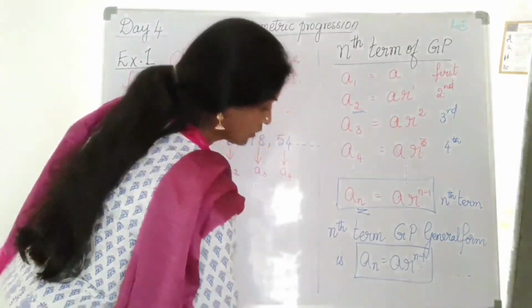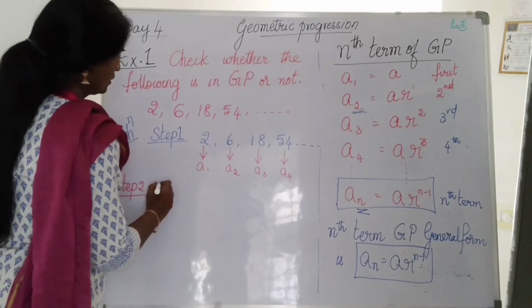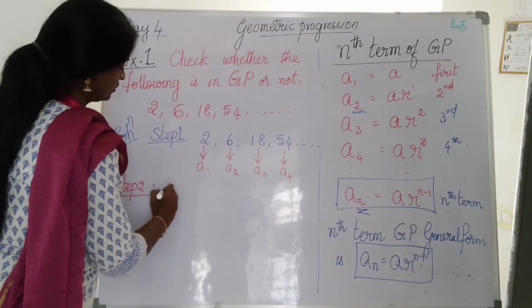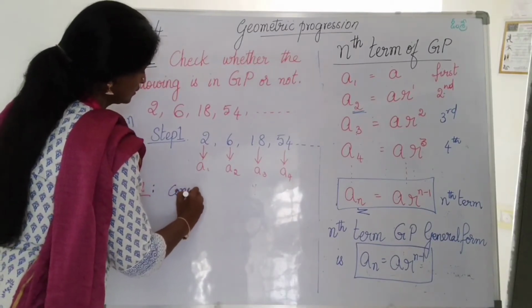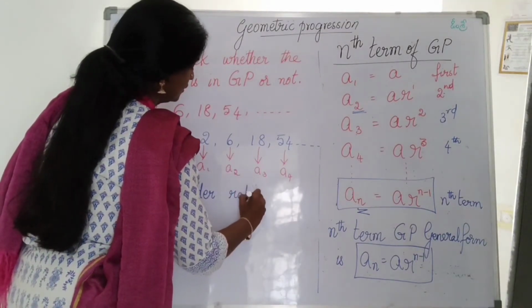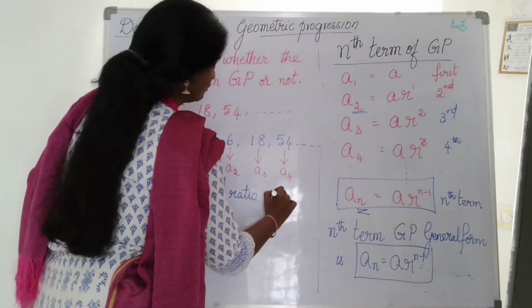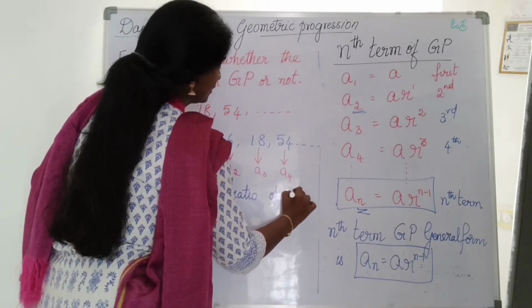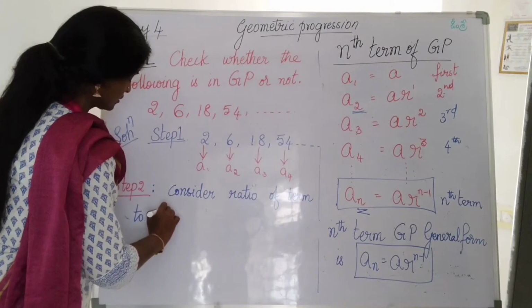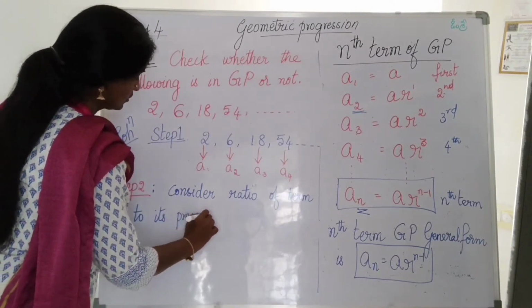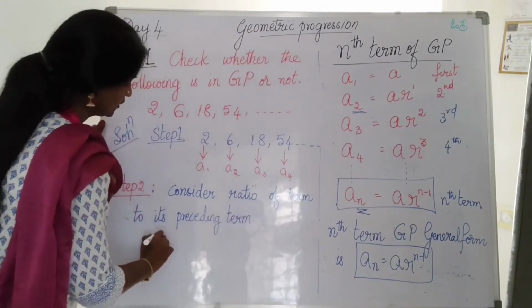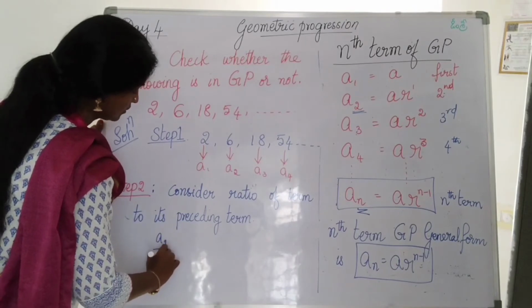So we'll take the ratio of A1 and A2. Consider the ratio of a term to its preceding term, that is A2 by A1.